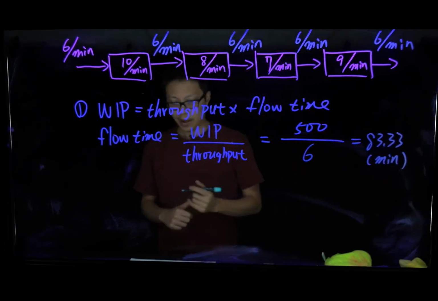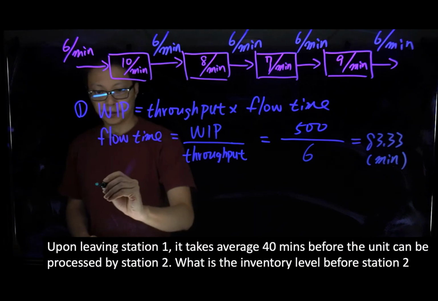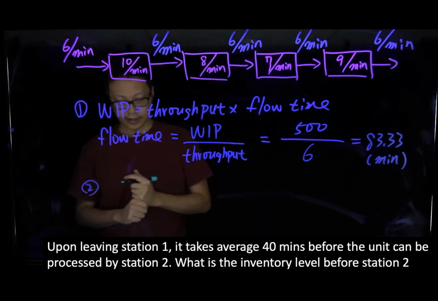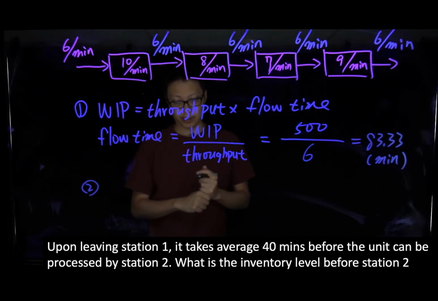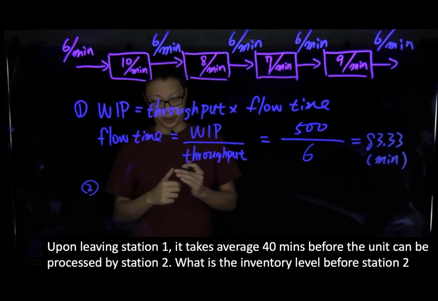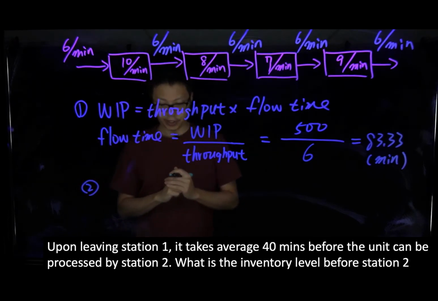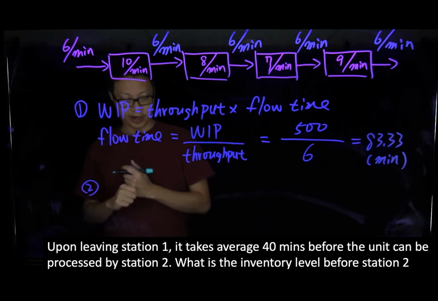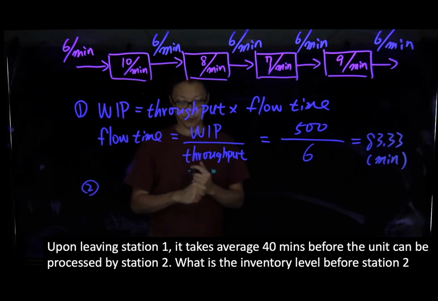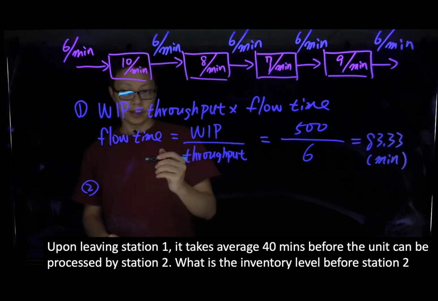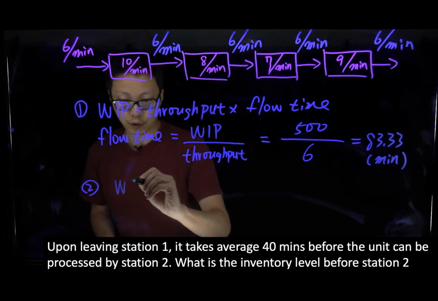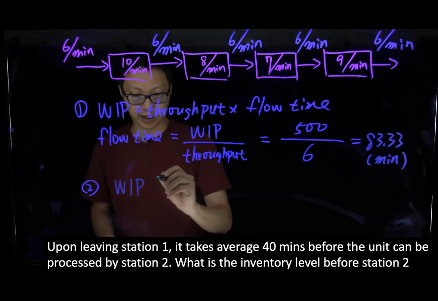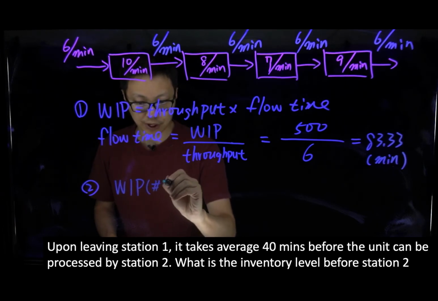For the second question, it says that upon leaving station number 1, it takes on average 40 minutes before a unit can be processed by station number 2. What is the inventory level before station number 2? Basically, in the second question, we still want to calculate the work in process, but only for station number 2.